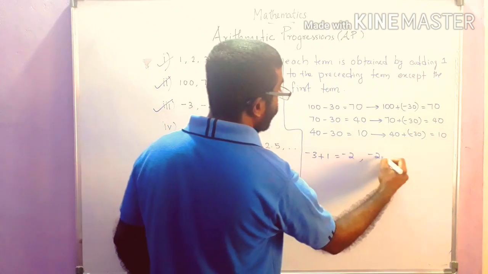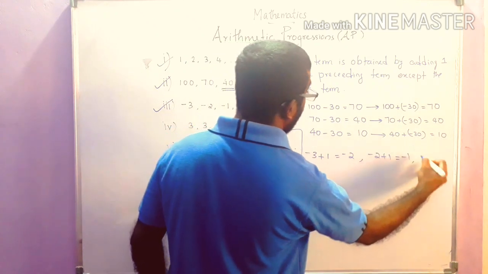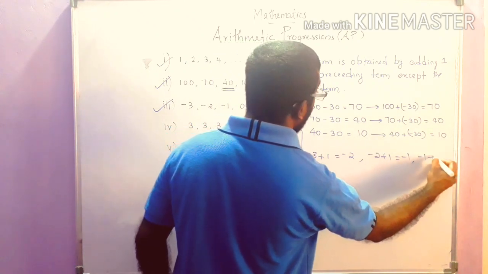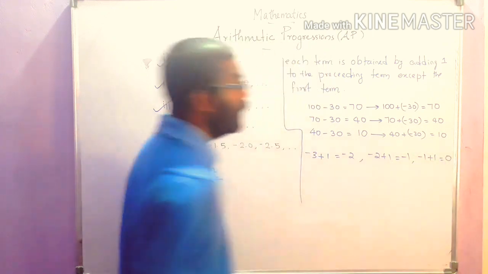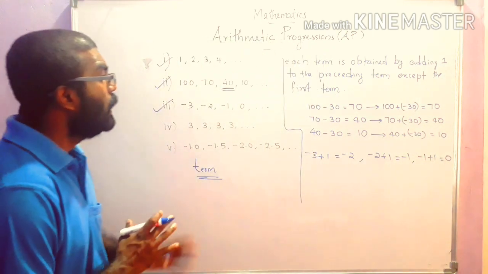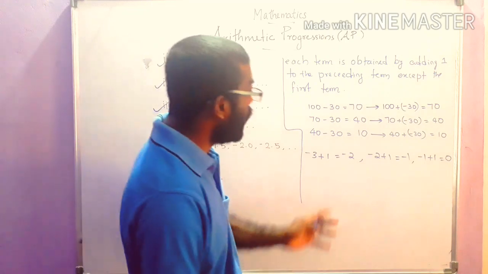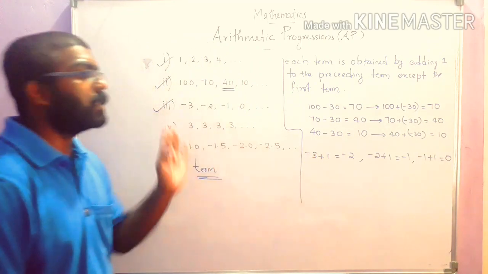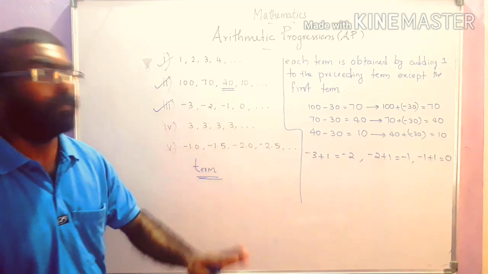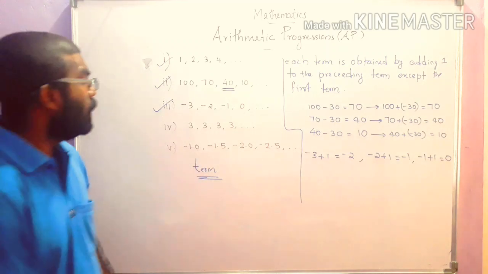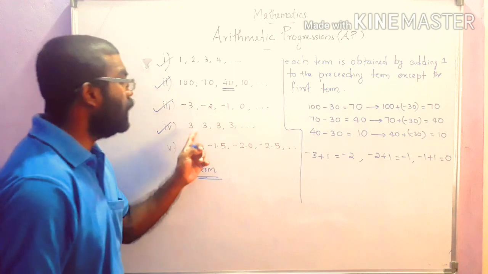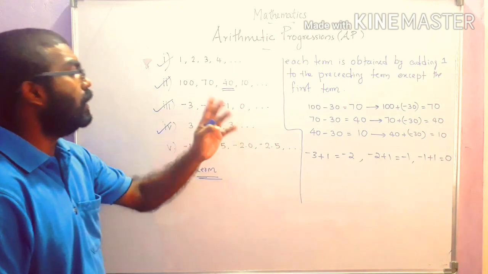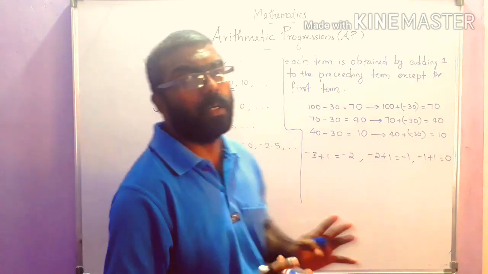Then minus 2 plus 1 gives minus 1, and minus 1 plus 1 gives 0, and so on. That means each term is obtained by adding 1 to the previous term, except the first term. And the fourth one, 3, 3, 3, 3, etc. What do you observe?